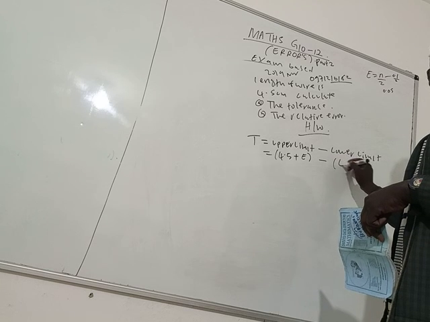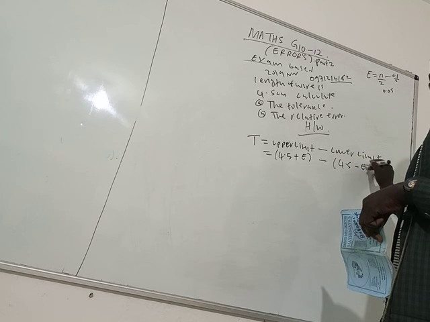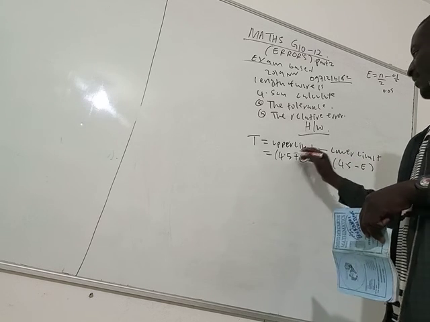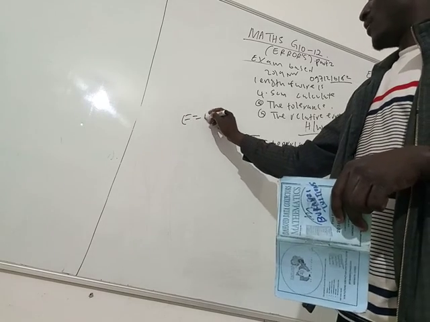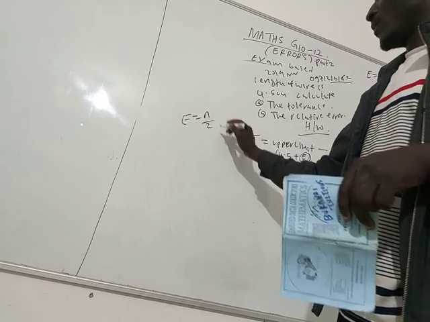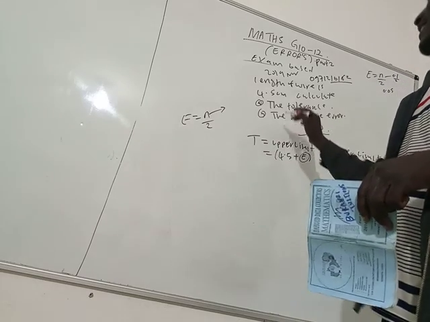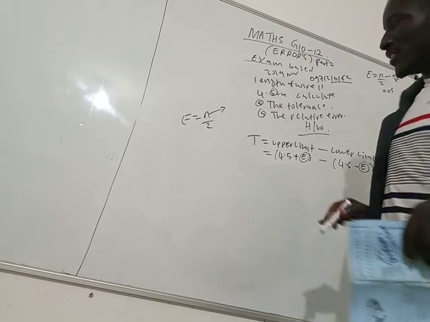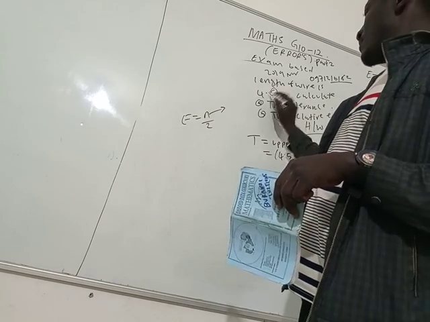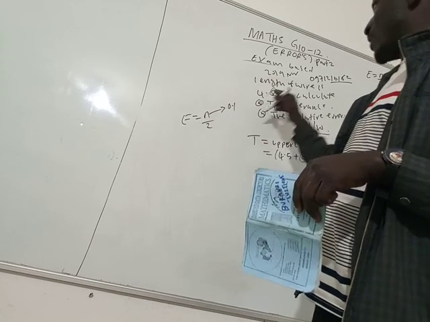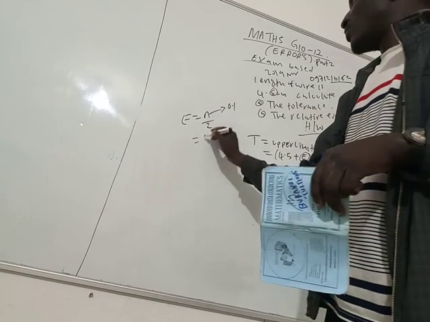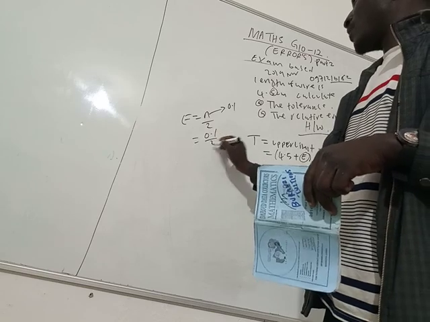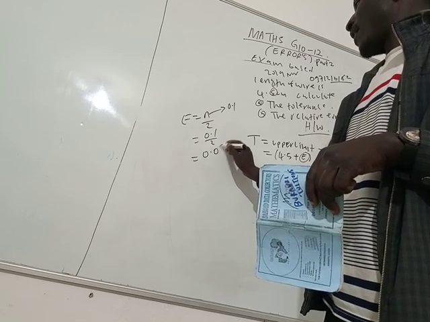Also, lower is 4.5 minus error. So what is the error, ladies and gentlemen? The accuracy of the measurement. It is found by you saying n over 2. The n is the unit difference. In this case, we've got 1 decimal, it is 0.1. If there were 2, 0.01. If there were 3, just like that. So this gives us 0.1 divided by 2, 0.05.